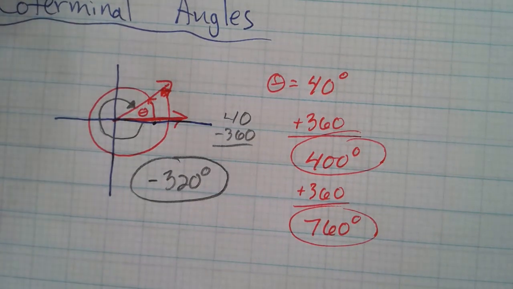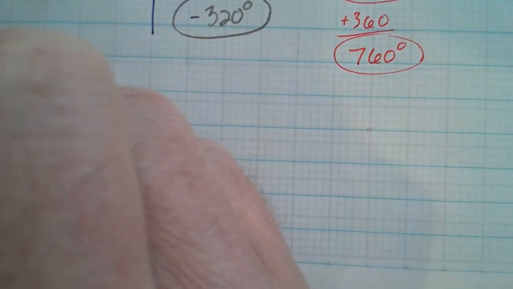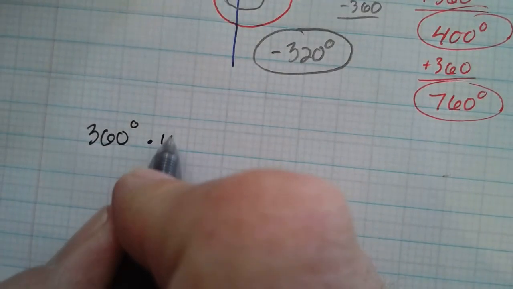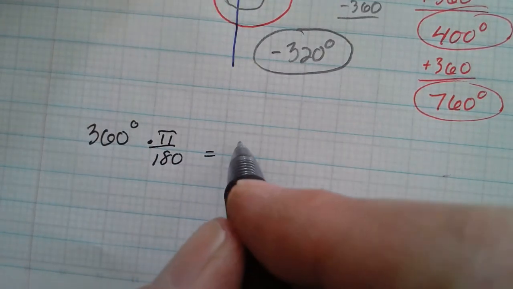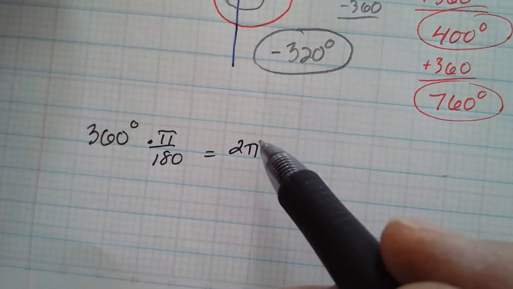So if they are in radians, instead of adding 360, we're adding 2 pi, because 2 pi is 360 degrees. In radians, we'd multiply by pi over 180. So 360 over 180 is 2, so we get 2 pi. So one revolution in radians is 2 pi.